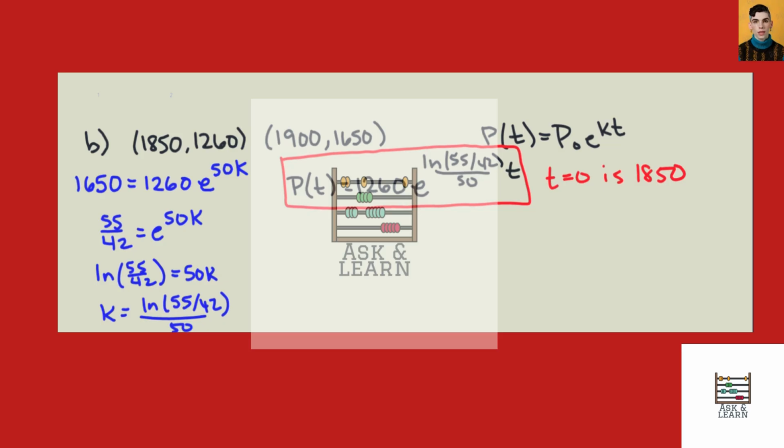Okay, so the prediction we're making this time, 2 of them, I believe, or is it just one? Just one. We're making a prediction for the year 1950. So the year 1950 would be 100 years since the year 1850. So we're going to use t equals 100.